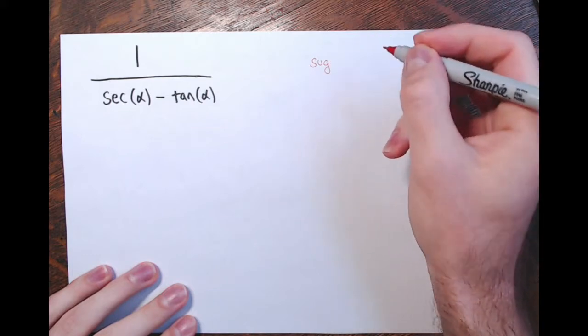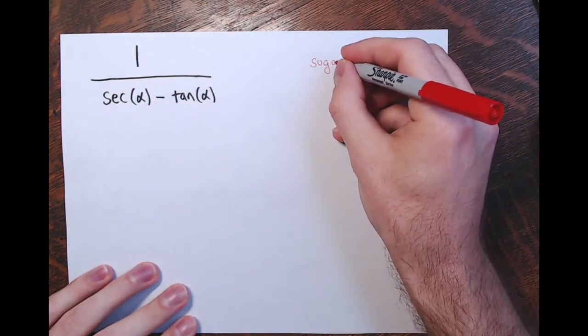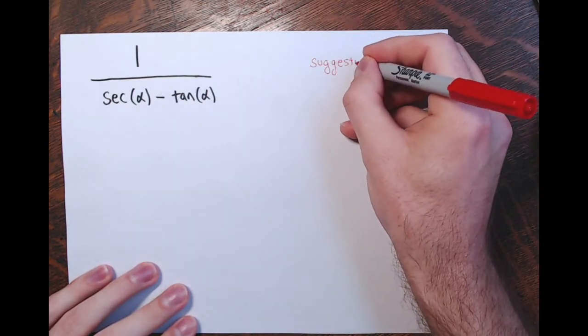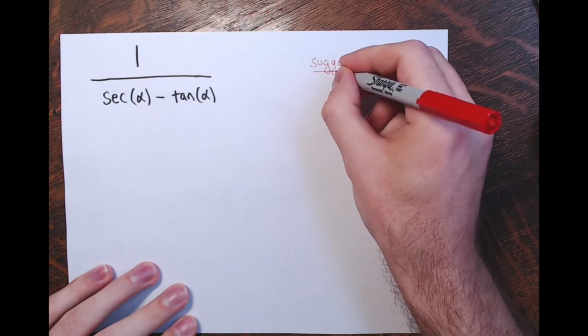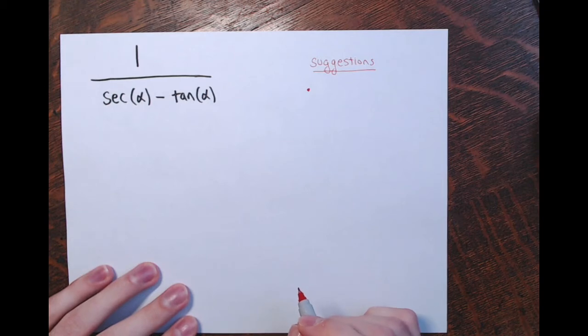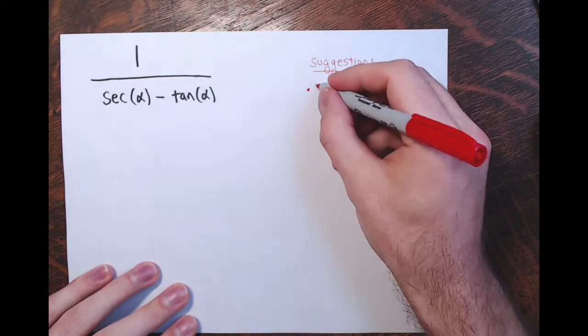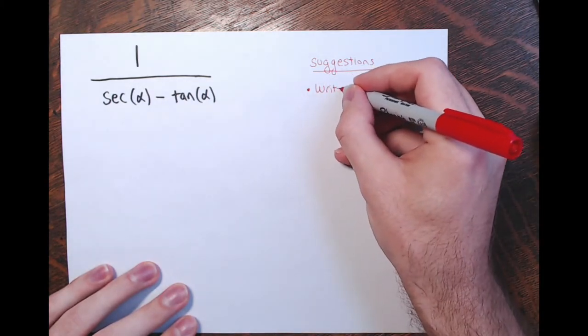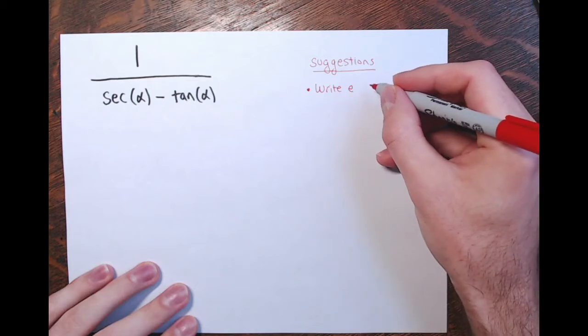What I like doing when I simplify trigonometric expressions. So one of these is to write everything, using some basic identities, in terms of sines and cosines.